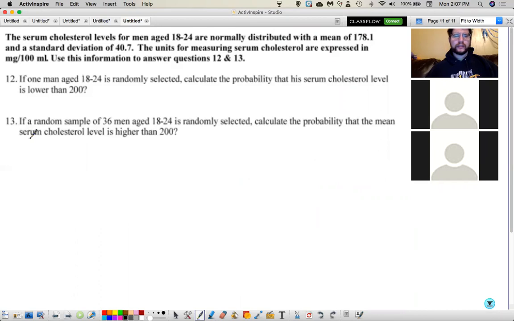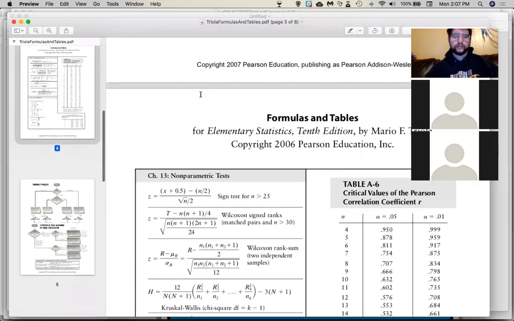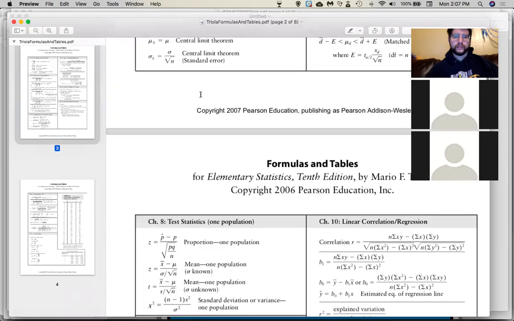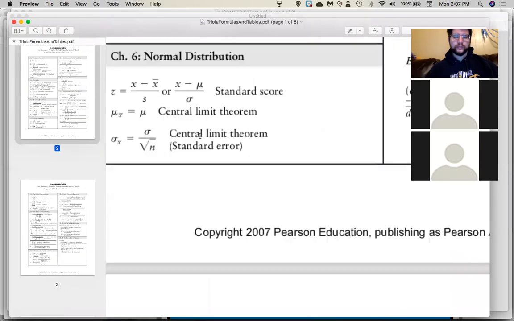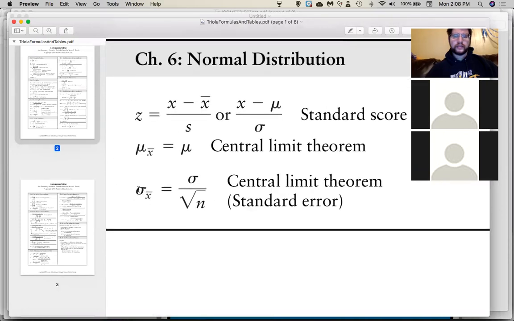Same process, except this time we have 36 men. So we're going to apply the central limit theorem. Around here somewhere. There it is. The central limit theorem basically says you take sigma and divide it by square root of n.